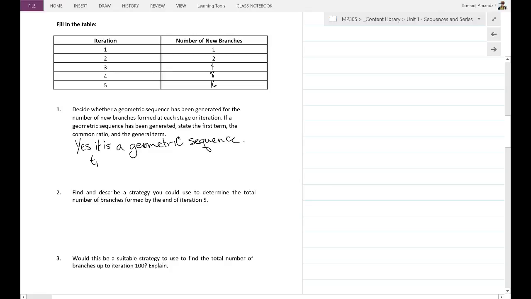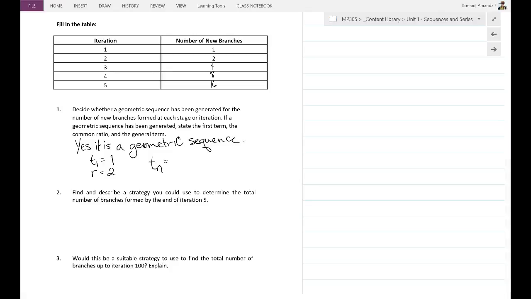Term 1 is always your very first value, so 1. We're going by the number of new branches. My common ratio, or r, is going to be 2. And my general term, I need to actually write by using my equation.